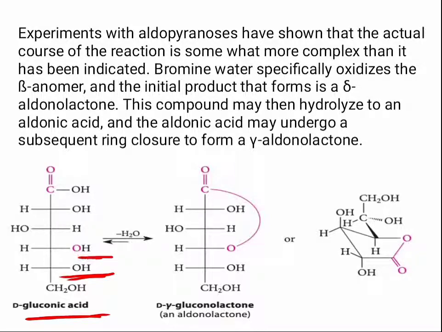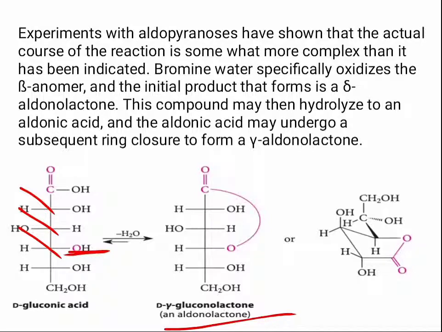Now this OH can also make the ring, a 5-member ring. So this will be a gamma-gluconolactone. You know the nomenclature: this one is alpha, this one is the beta, this one is the gamma. So this oxygen is connected with the gamma carbon. That's why this will be the gamma-gluconolactone. This is the structure.